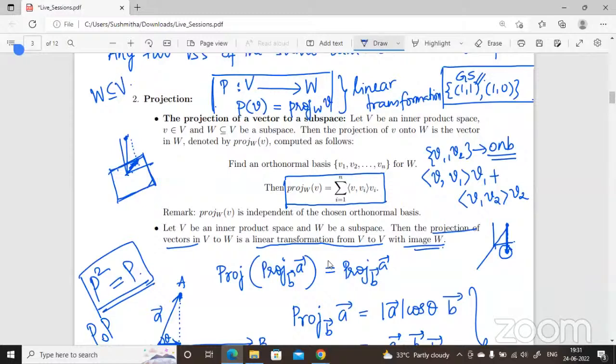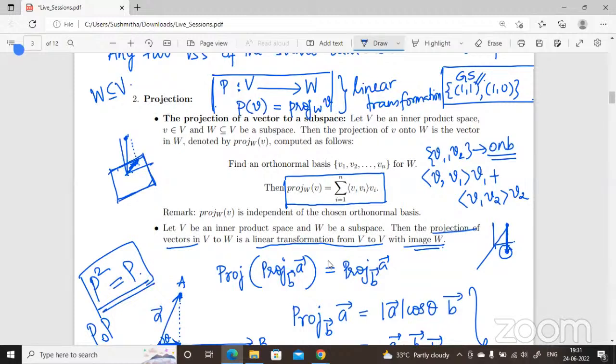Ma'am, can you explain that remarks part, please? Projection of V is independent of the chosen orthonormal basis. Whatever orthonormal basis you choose, there are infinitely many orthonormal bases, irrespective of what basis you choose, the projection is always going to be unique.